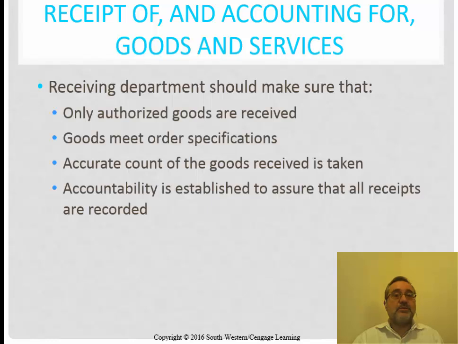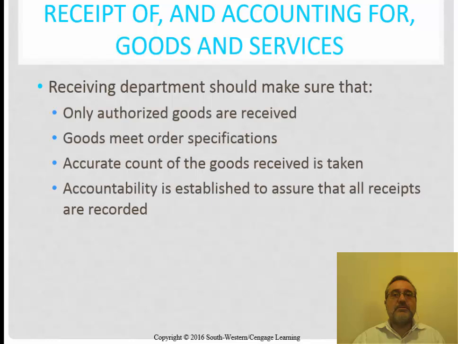Receipt of goods. The receiving department should make sure that only authorized goods are received. Goods meet order specifications. There is an accurate count, and accountability is established to assure that all receipts are recorded.